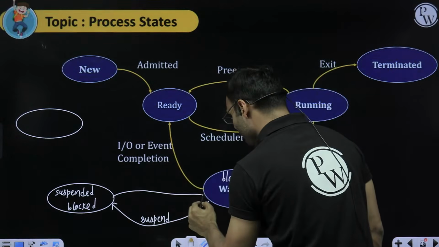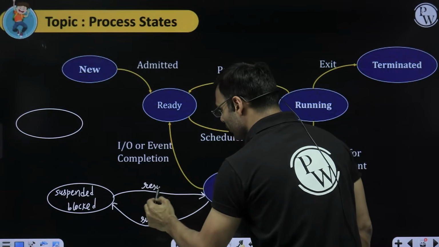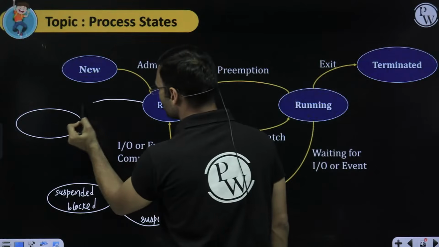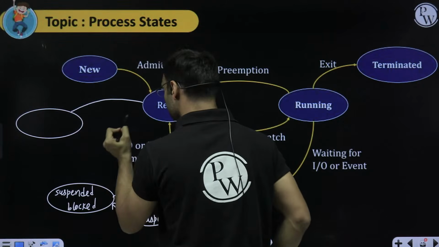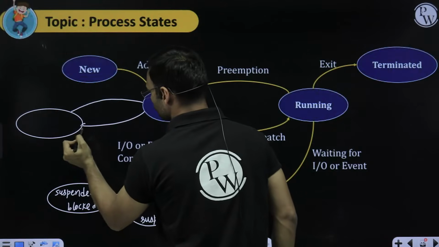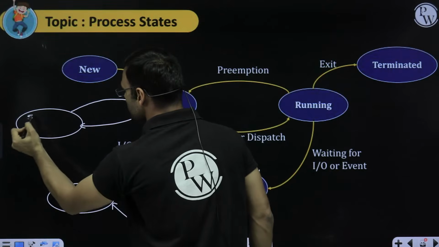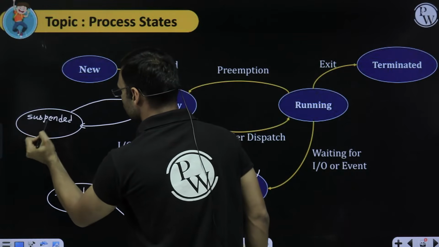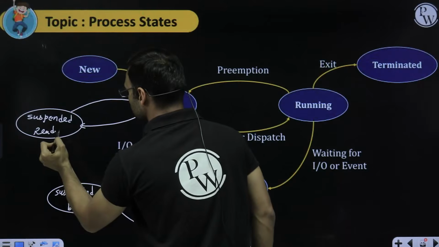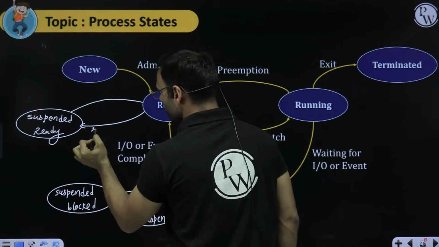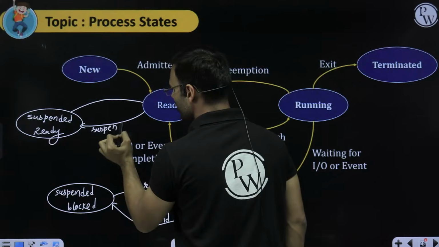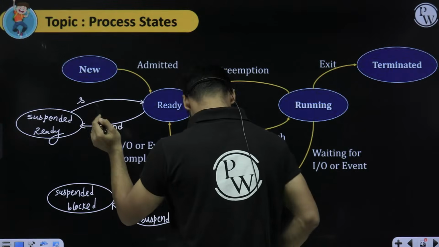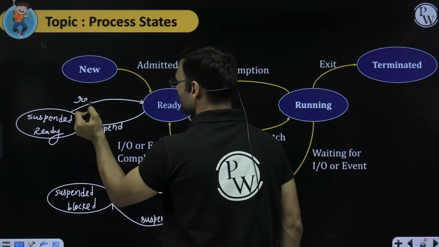When it comes back again, resumes, then it will come back again into the same blocked state. A ready state process, if swapped out, then it will go to suspended ready state. So if suspend happens, suspended ready state, and when suspension comes back, then again resume to ready state.